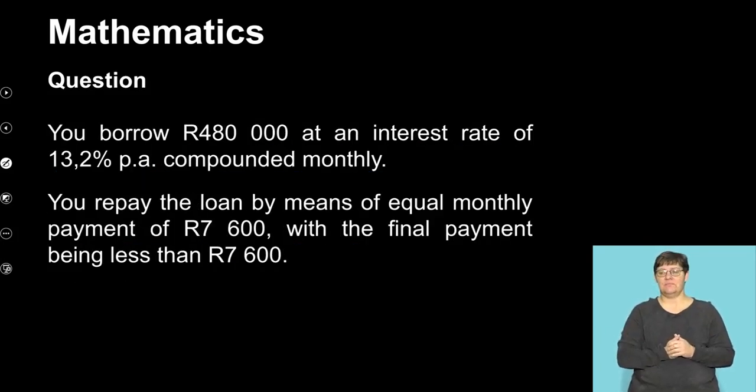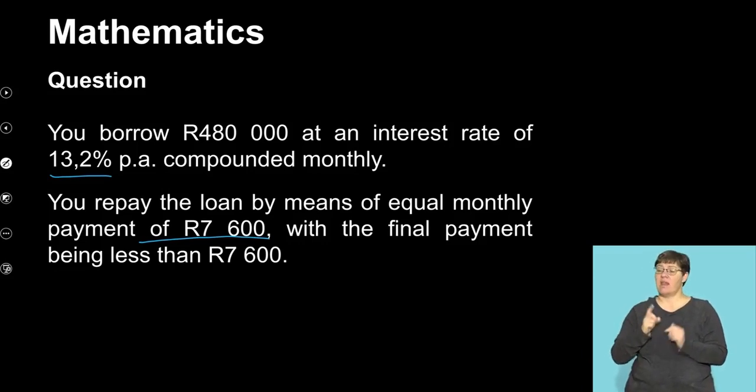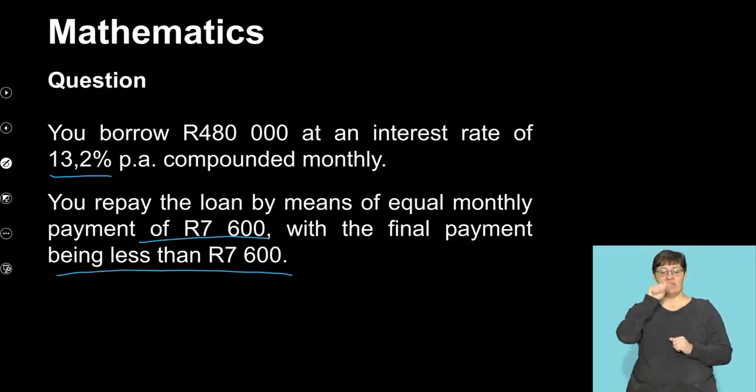Now, when you talk about this concept of outstanding balance, let's say you borrow 480,000 at an interest rate of 13.2% per annum compounded monthly. You repay the loan by means of equal monthly payments of 7,600, with the final payment being less than 7,600.